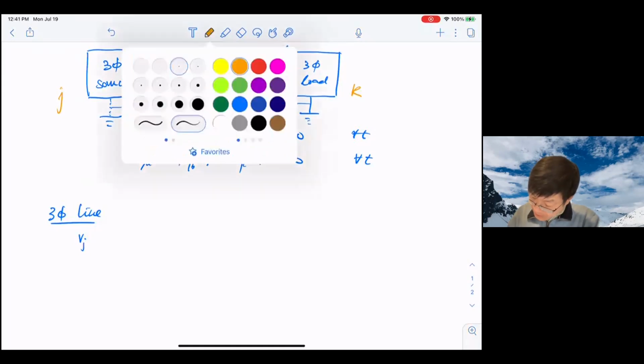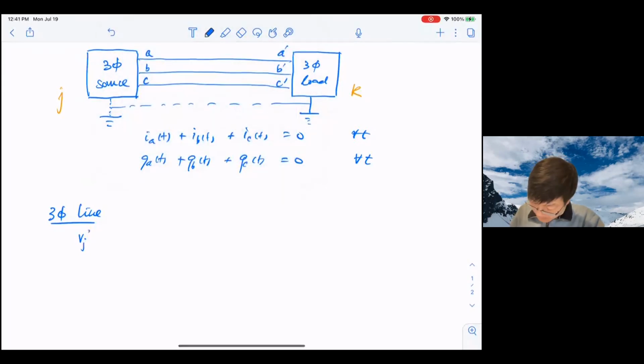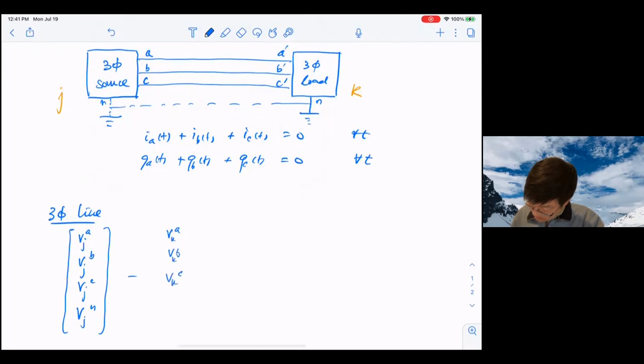Then the VJ phase A, VJ phase B, VJ phase C, and VJ neutral. So this is neutral, assuming there is a neutral. Otherwise, that's fine. That's just an empty entry. Minus VK of phase A, B, C, and neutral.